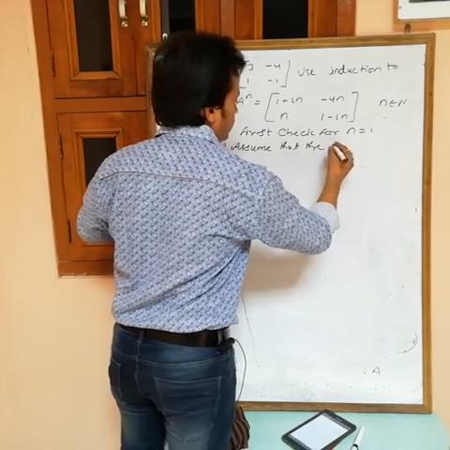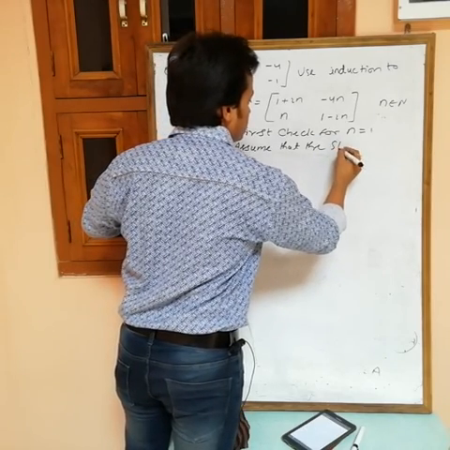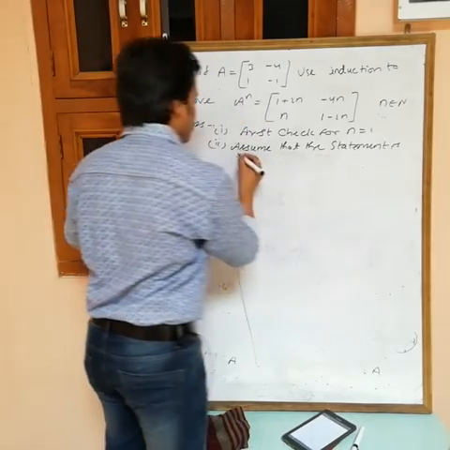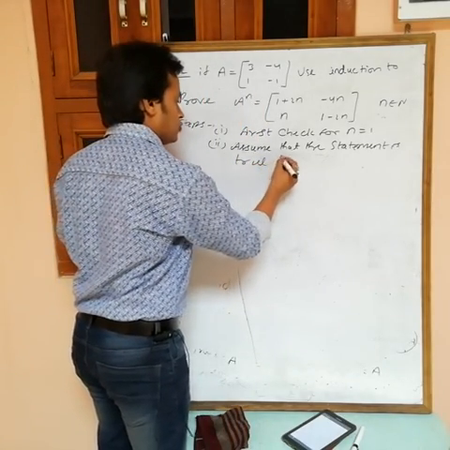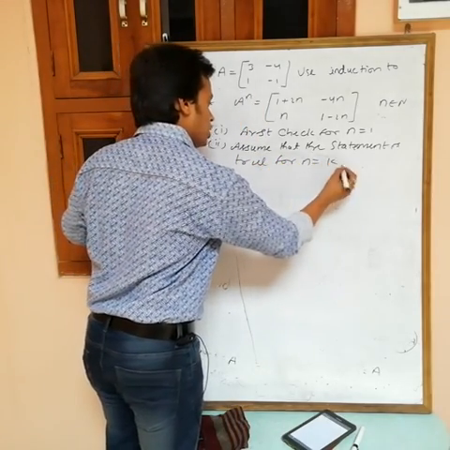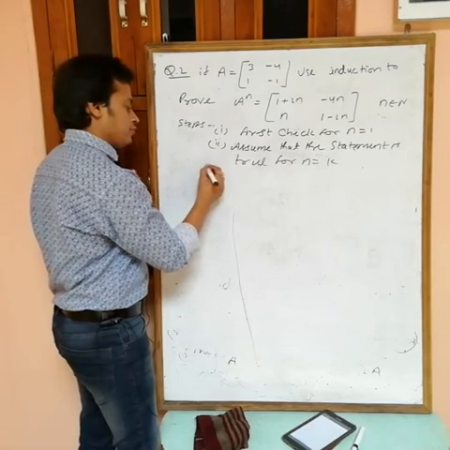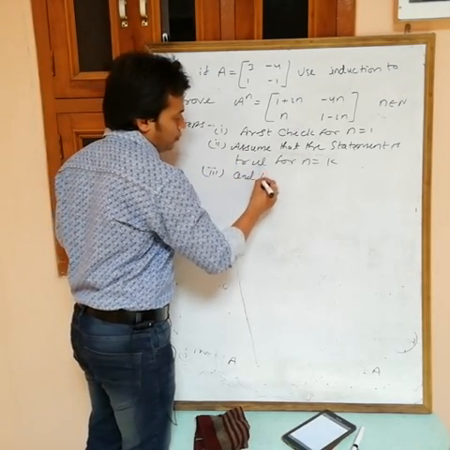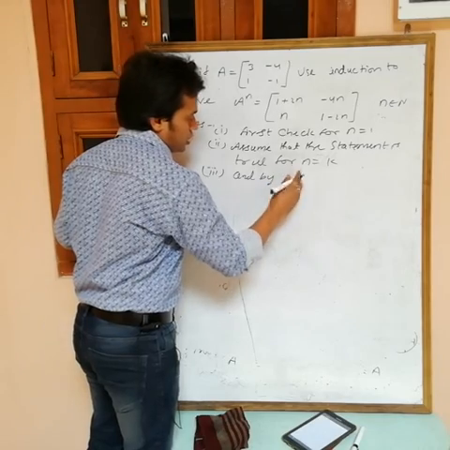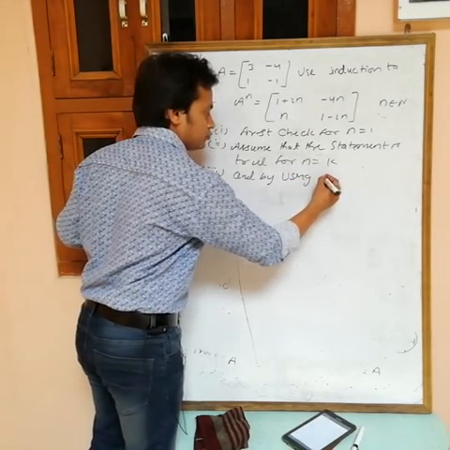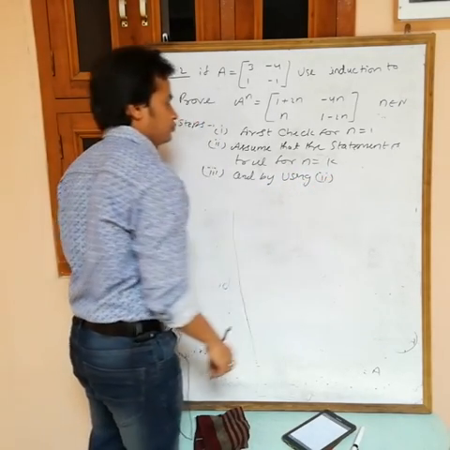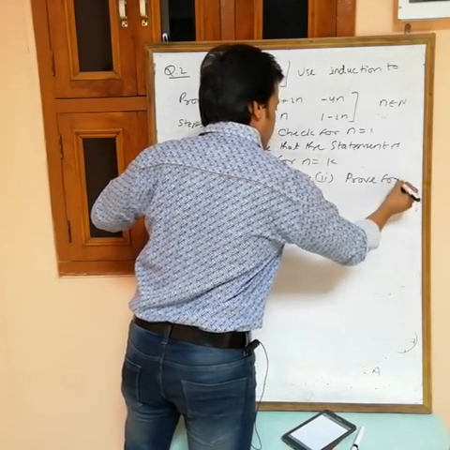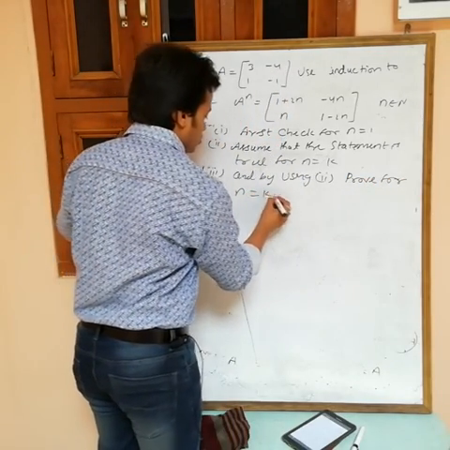The statement is true for n equals to k. And the last, third step, by using the second, prove for n equals to k plus 1.